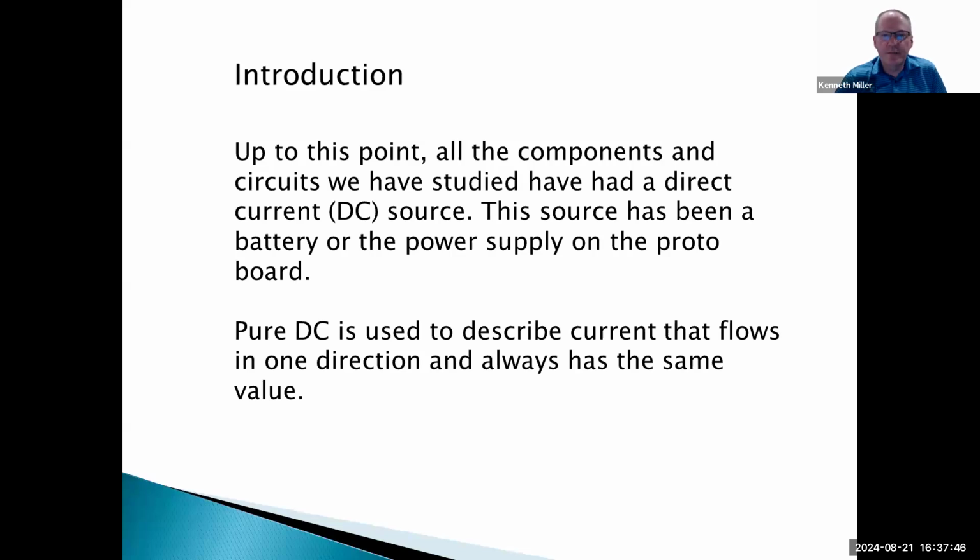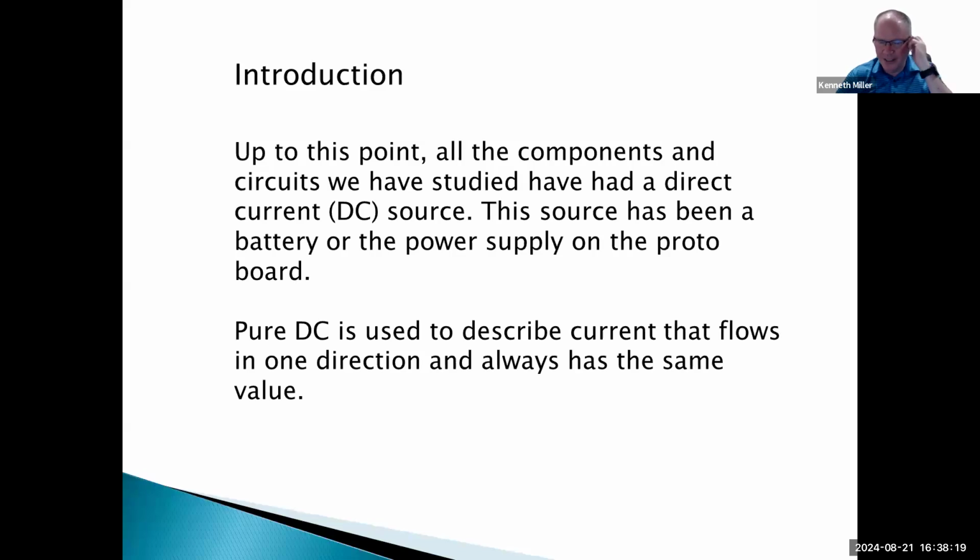If someone asks you, why do we use AC? Where is AC used? Well, it's in our power distribution, right? The power coming from where it's generated, whether it's a dam or a nuclear power plant or a hydropower plant, solar, whatever it might be, is going to come in the form of AC to be transmitted to our homes, and then our devices will convert it into DC.